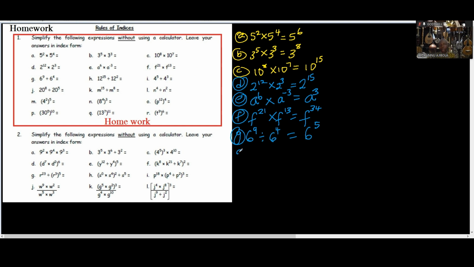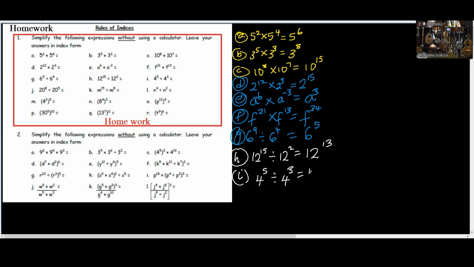So option H now. To option H, we have 12 raised to the power 15 divided by 12 raised to the power 2. Then this gives us 12 raised to the power 15 minus 2, and that is 13. Then option I, we have 4 raised to the power 5 divided by 4 raised to the power 3.